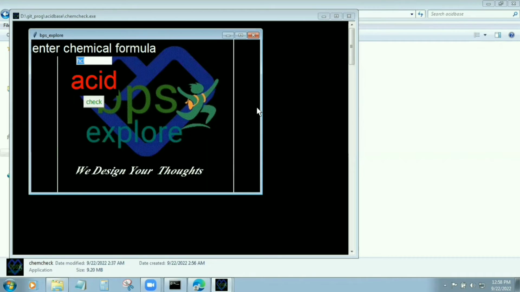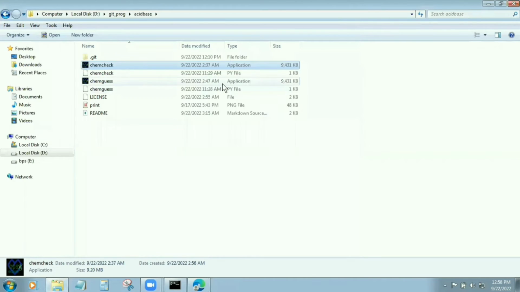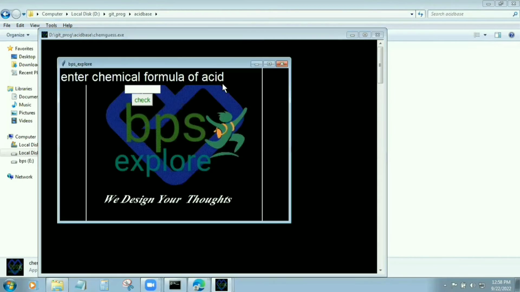So it takes both uppercase and lowercase. It is not case sensitive, for user friendliness. And also there is the second program where you guess what the computer wants. I have given the link below to download all these files.